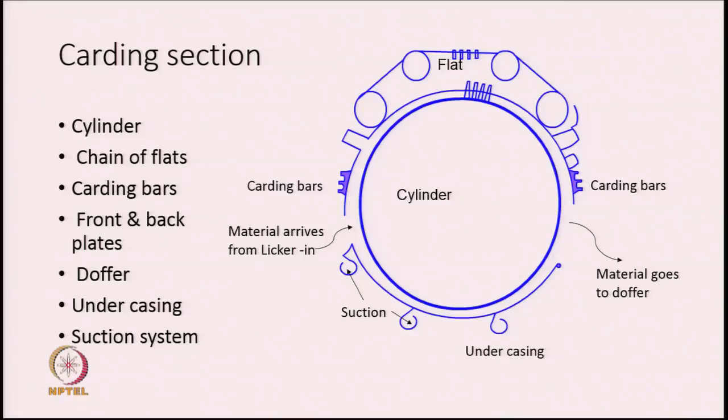Now, we can see the cylinder and the associated parts around the cylinder. The cylinder is actually enclosed from all sides, and therefore, whenever the cylinder rotates, the air which is surrounding the cylinder also rotates along with it.